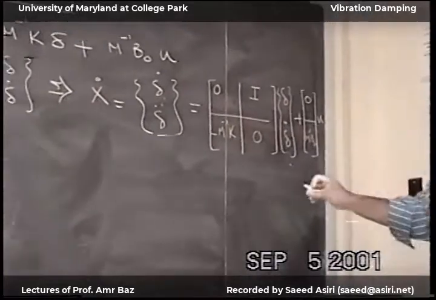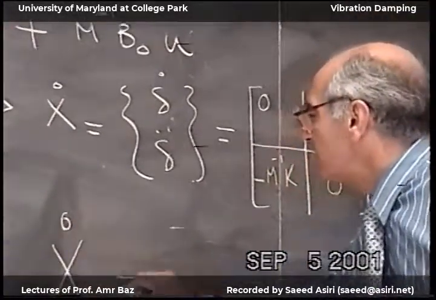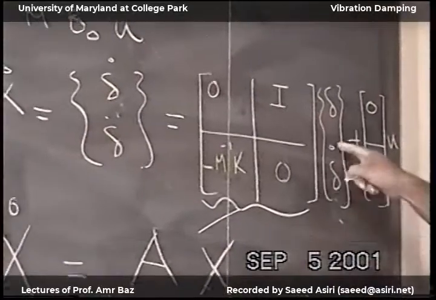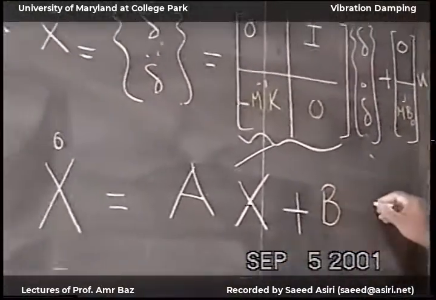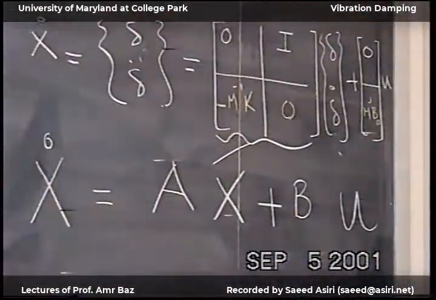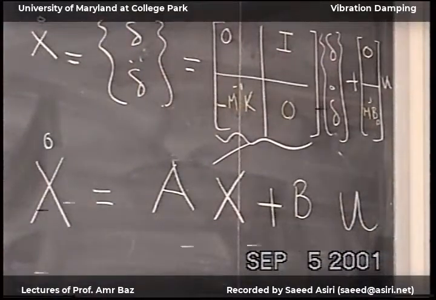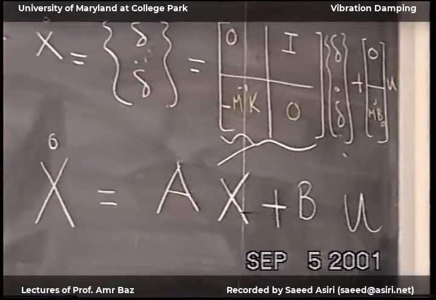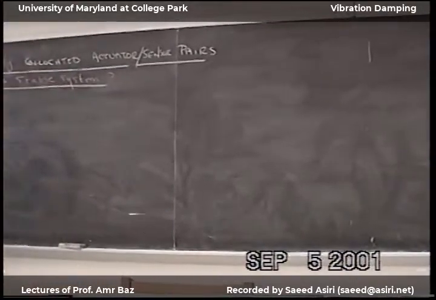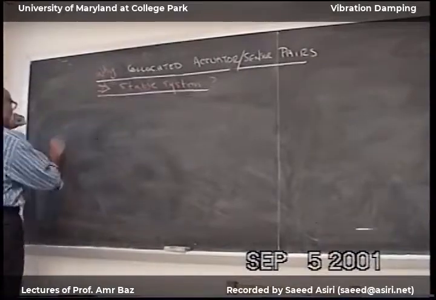Now I'm going to write this as follows. X dot is equal to, this matrix I'm going to call it A, and then this is X, and then what we have here is B and U. Just make a little note here.